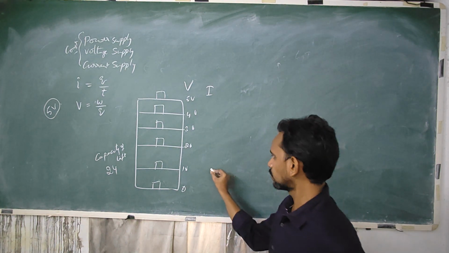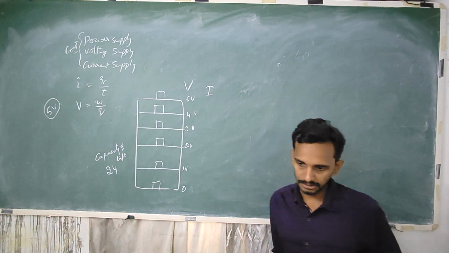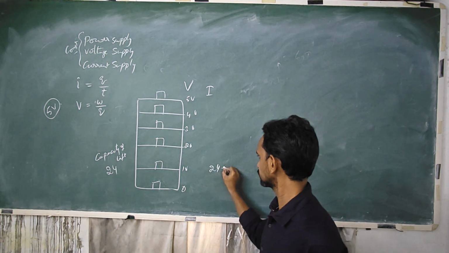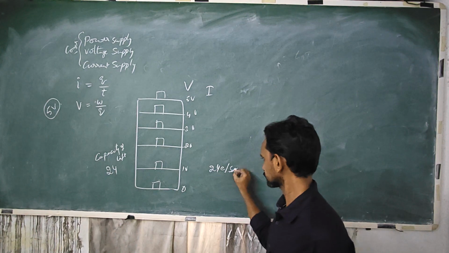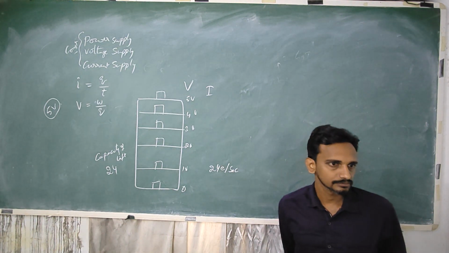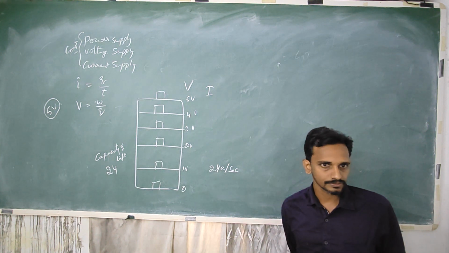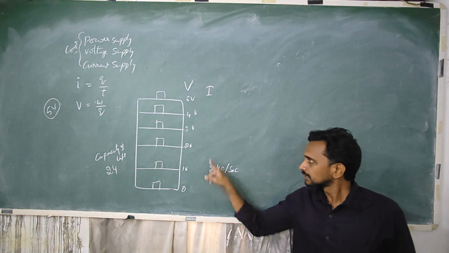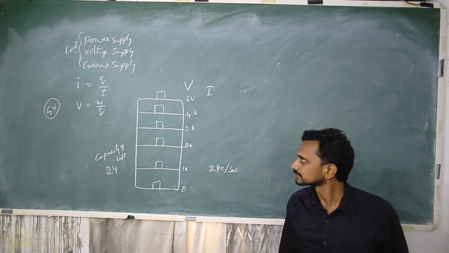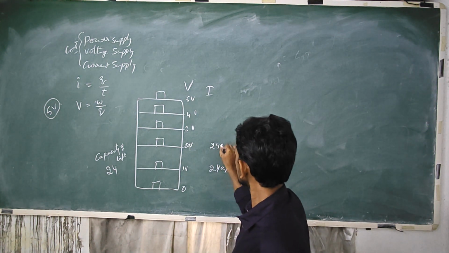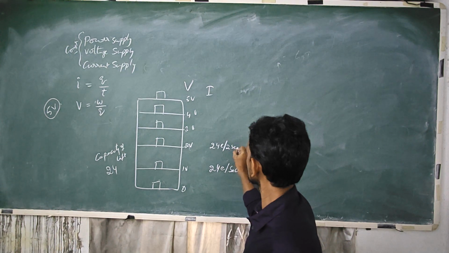So now, what is the maximum number that this can supply to the first floor? It is 24 electrons per second. So per second it can supply 24 carriers. Here also 24 per 2 seconds.